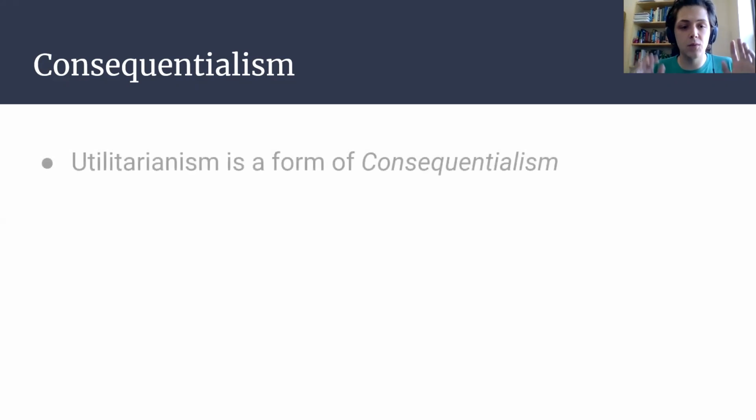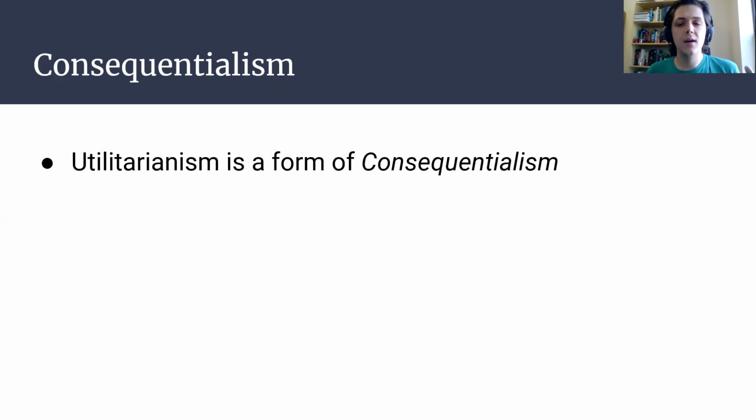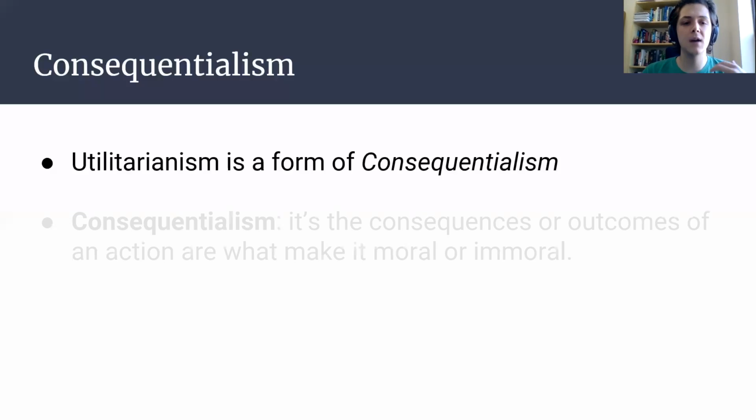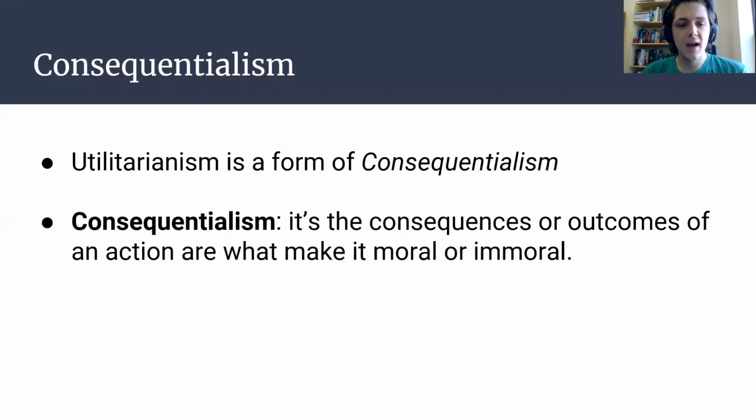That's what consequentialism says. And so utilitarianism, which is the subject of our discussions this week, is a form of consequentialism. There are many versions of consequentialism, but utilitarianism is the most common form. And so consequentialism is the view that the consequences or outcomes of an action are what make the action moral or immoral.